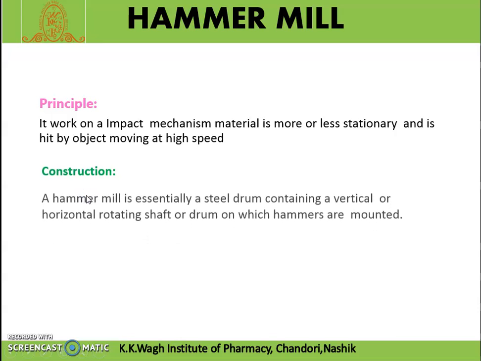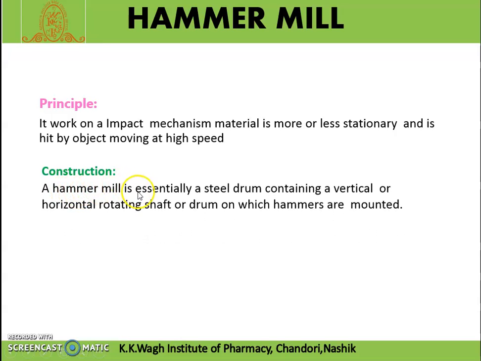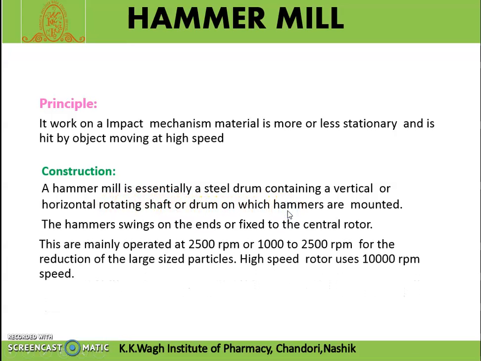Construction of the hammer mill: the hammer mill is essentially a steel drum containing a vertical or horizontal rotating shaft or a drum on which the hammers are mounted. The hammers swing on the end or are fixed to the central rotor.